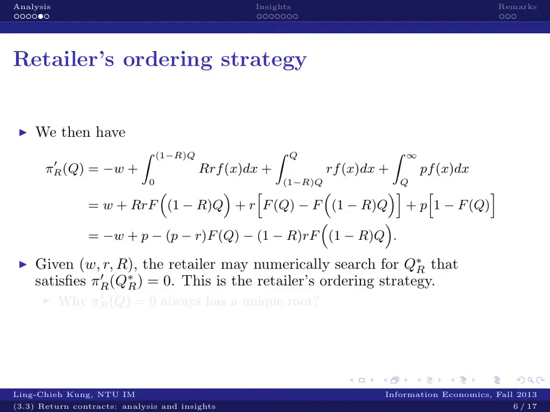That's how this function is concave. As you can see, it's hard to write down a closed form expression for the optimal QR star, but at least a numerical search will be enough for us to find the number for QR star, given all those contract parameters, given all those outside parameters.